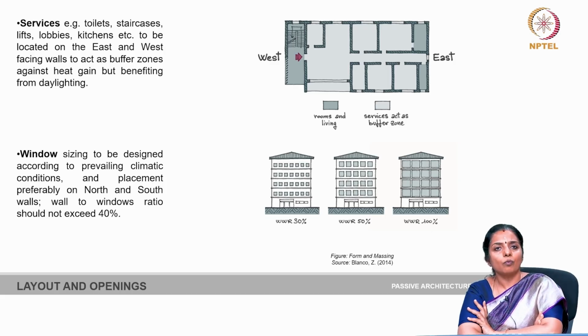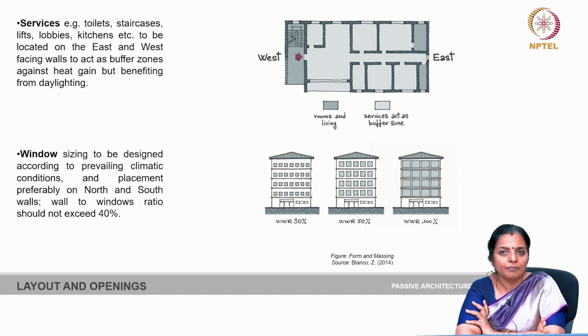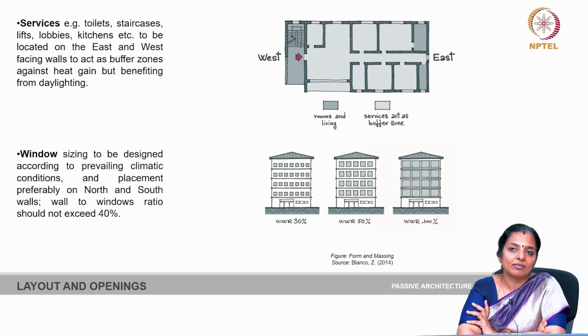If you look at the wall to window ratio, it is an important factor in energy efficiency. Limiting the wall to window ratio to not exceed 40% helps to strike a balance between maximizing daylighting and minimizing heat gain.